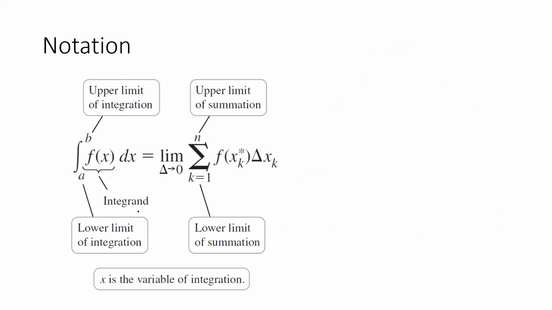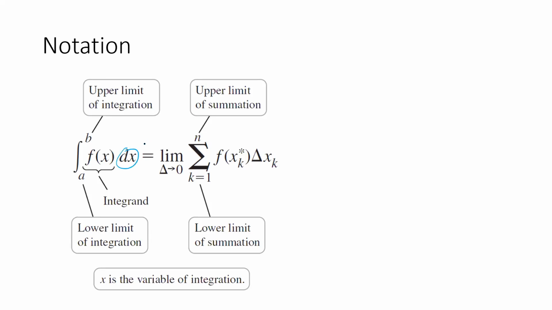And I'm going to look at the notation here for a moment. We have the lower limit of integration, the upper limit of integration. The integrand here is the function that we're finding the area under. dx is our differential, but it's more there to identify what variable we're integrating with respect to.